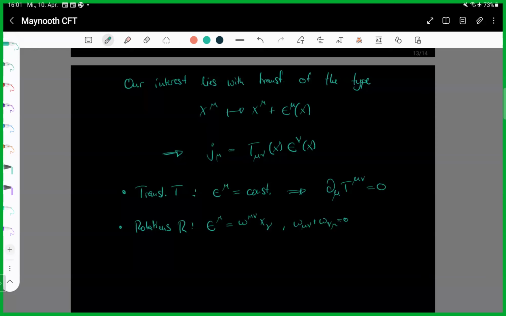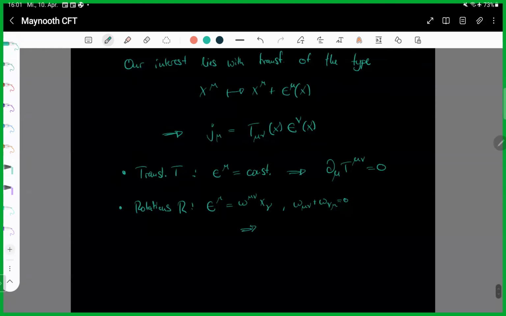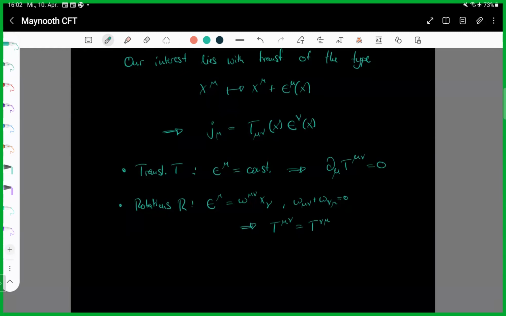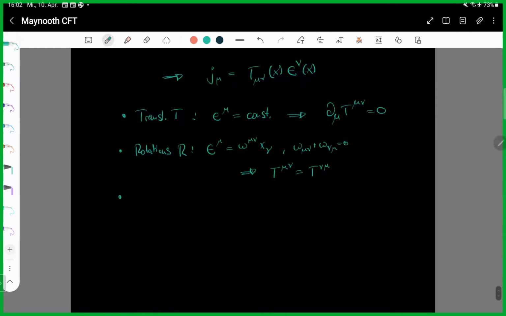And from there we obtain that the energy momentum tensor is going to be symmetric in both of its indices. So this is also something that you most likely have already encountered. In a relativistic QFT, the energy momentum tensor is symmetric and conserved. That's nice. So now let's make a bit of progress.